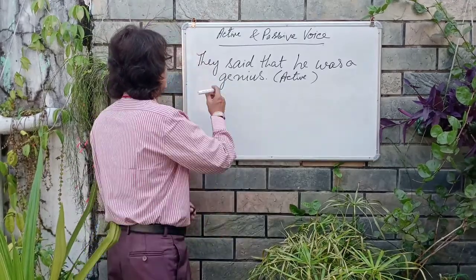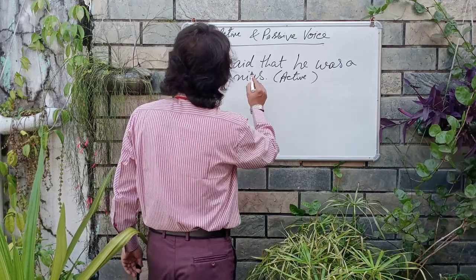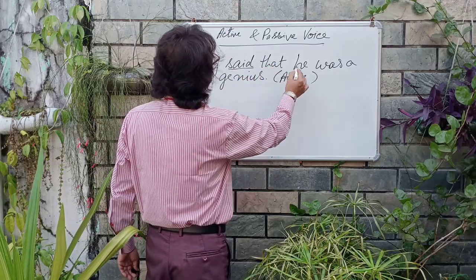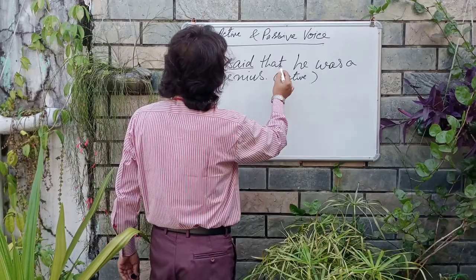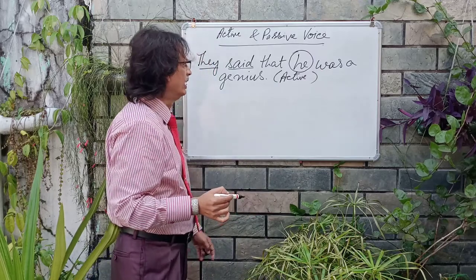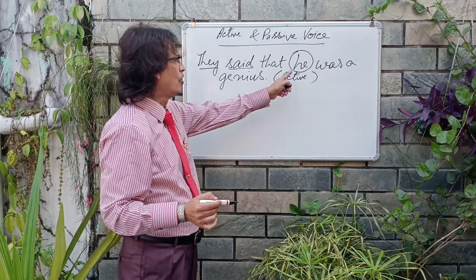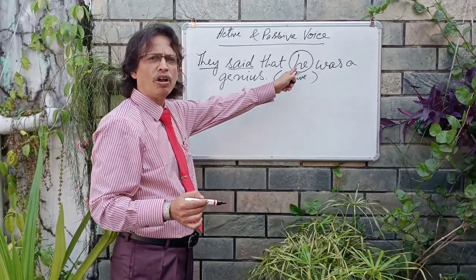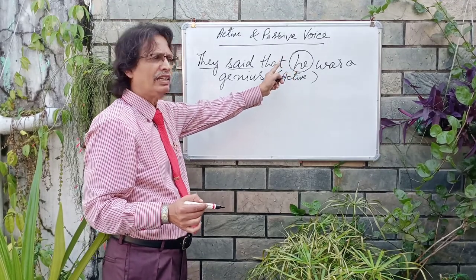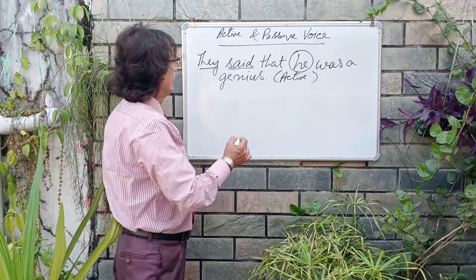They is the subject over here. Said is the verb. Immediately after said there is that he was a genius. Now he is in the object clause over here. So here he is already in the nominative case. So there is no need to change it. It will remain as he only.